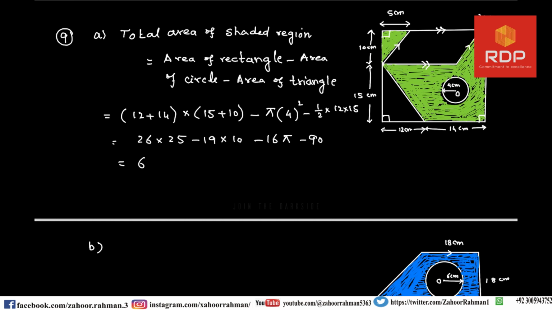Now this is 650 minus 190 minus 16 pi and minus 90. So that will be equal to 370 minus 16 pi, and when we calculate it, it will be equal to 320 centimeter square, and that will be the area of the shaded region.